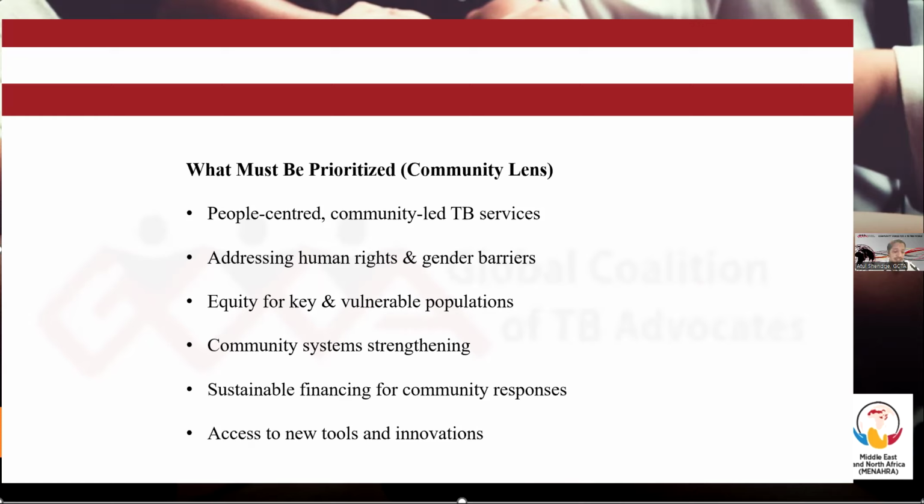But even today, only about half of people are diagnosed using these recommended tests, and millions are still being missed. Many of those being missed are not invisible because the system cannot find them, but because stigma, fear, and discrimination keep them away from these services.